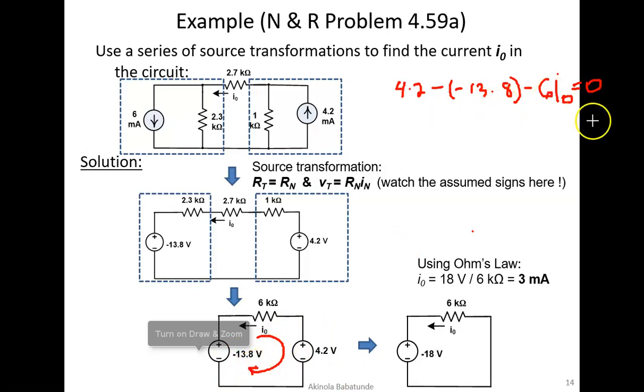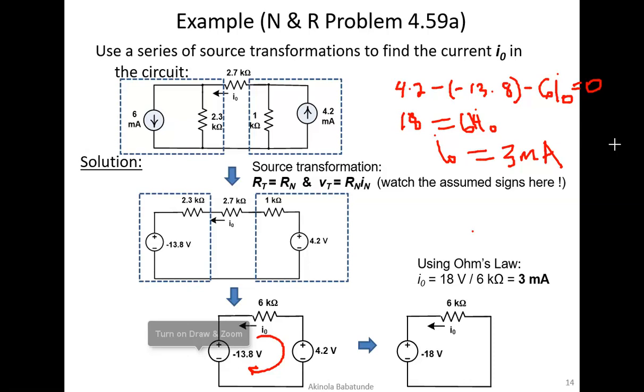So applying KVL will give us 18 equal to 6I naught. And our I naught, if you divide both sides by 6, will be equal to 3. This is 6K, by the way. So I naught will be equal to 3 milliamperes. This is the first method you can use to solve this problem.